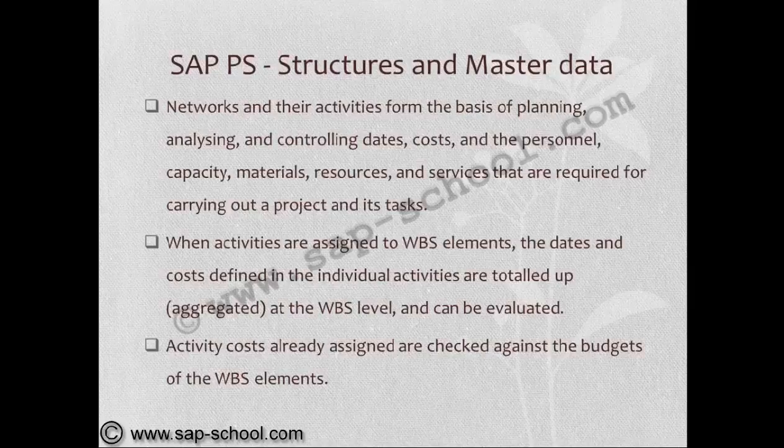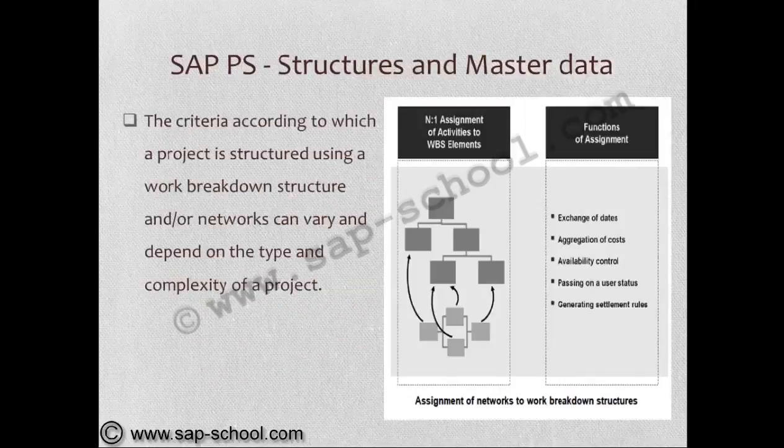That is nothing but a bottom-up approach. Activity costs are already assigned or checked against the budgets of the WBS elements. Here, availability control comes into the picture. The criteria according to which a project is structured using a work breakdown structure and networks can vary and depend on the type and complexity of a project.